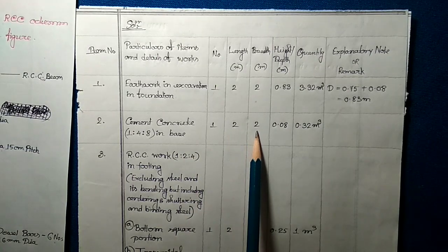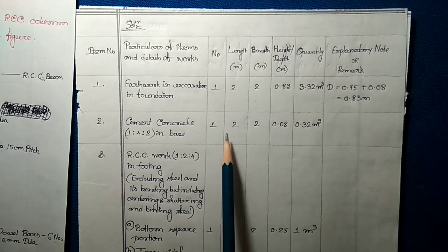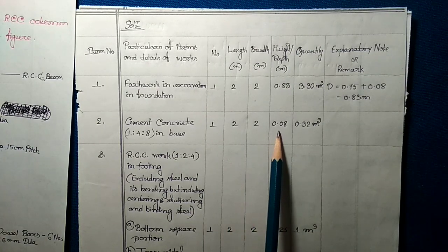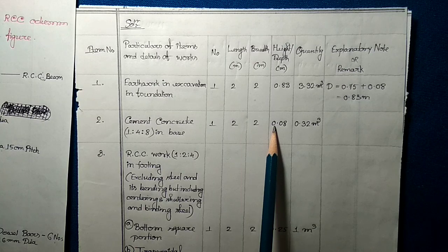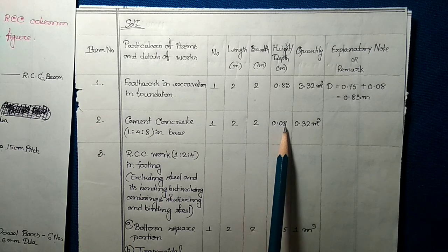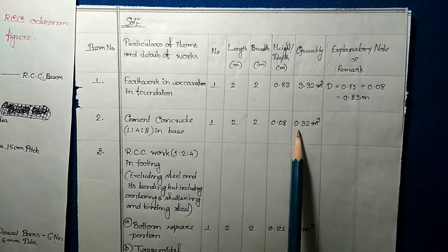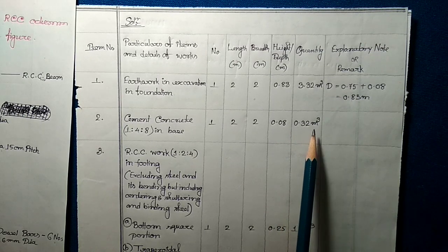Length and breadth will be same as the excavated ground, and the number will also be 1, and the depth will be 0.08, that is 8 centimeter. If we convert it in meter, then we will get 0.08. After multiplying all this 4, the quantity will be 0.32 meter cube.